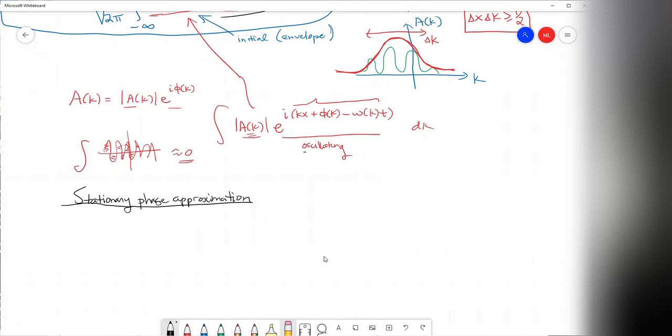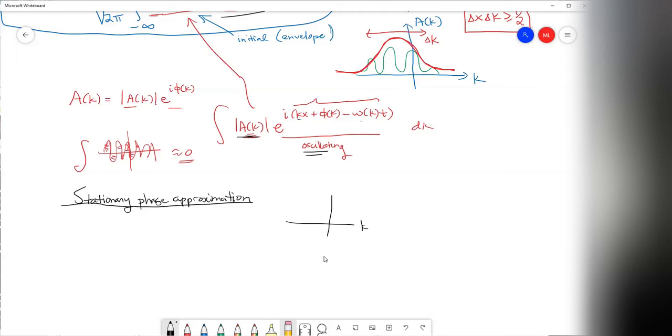So if this is oscillating like crazy, then the only contribution to this integral is where this is slowly varying. So slowly varying means that, if you think about this thing up here, as a function of k, it's got this thing, I don't know what to call it.